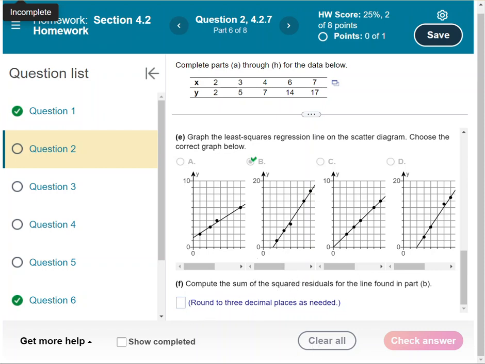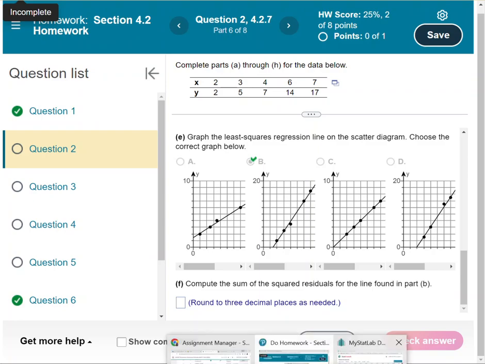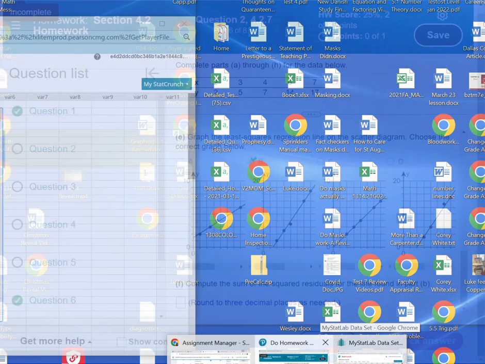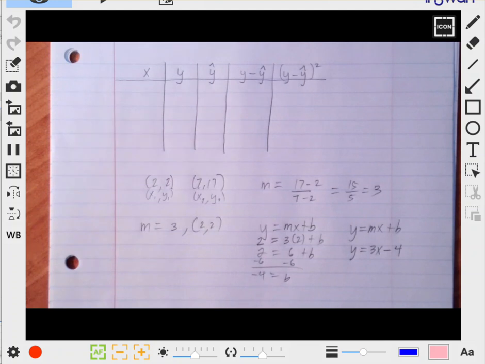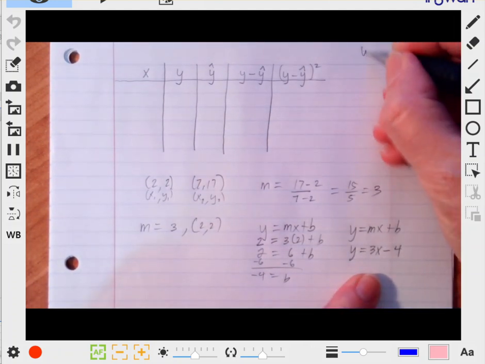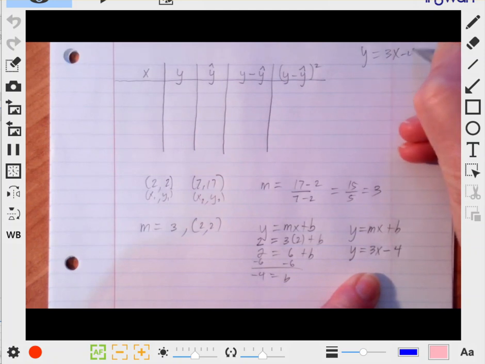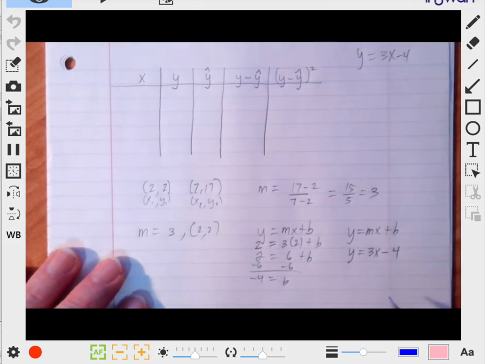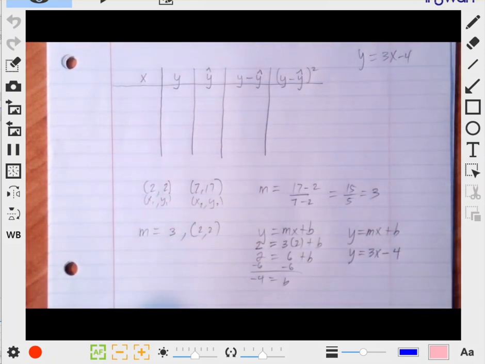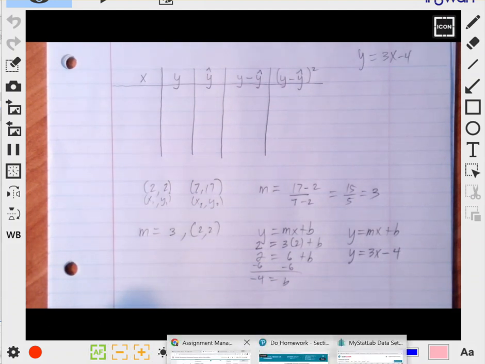All right, so I'm going to go back to my scratch paper. There it is. So here's how we do that. We're doing it for that equation we got, y equals 3x minus 4, because it said the one that we did in part B. So, oh goodness, I need to go back to the table. I didn't put that down.